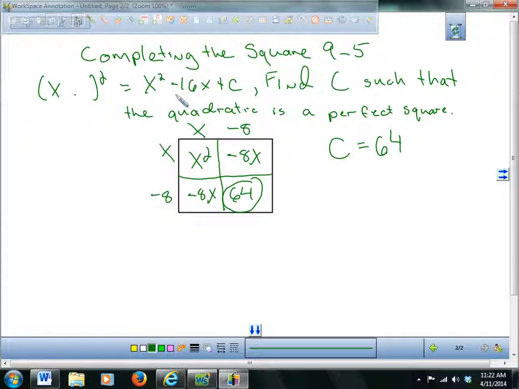So what if I did the same type of problem, but I said that it's n squared plus 20n plus c, okay?